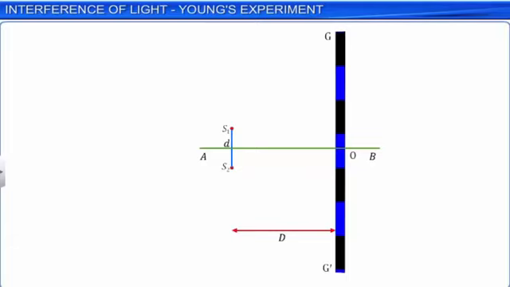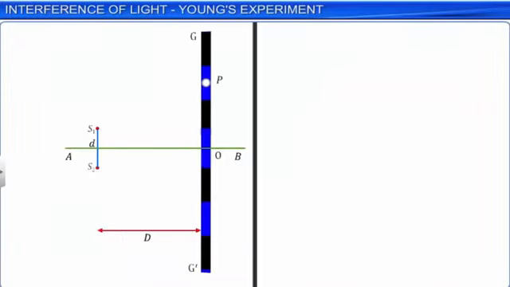We shall now consider an arbitrary point P on the screen along a line GG' perpendicular to AB and passing through O. Let the distance OP be x. Light from the two sources S1 and S2 covers a distance of S1P and S2P respectively to reach the point P.